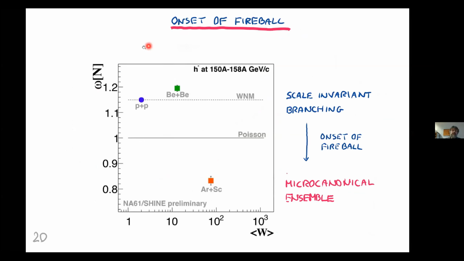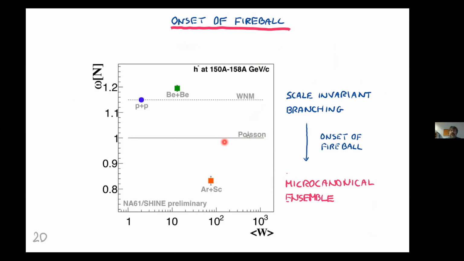Wounded nucleon allows, if we don't fix centrality properly, a beryllium point sitting somewhere here above. But then we go to argon-scandium, and we are in the region excluded by the wounded nucleon line, below the wounded nucleon line, and excluded by statistical modeling, the grand canonical approximation.